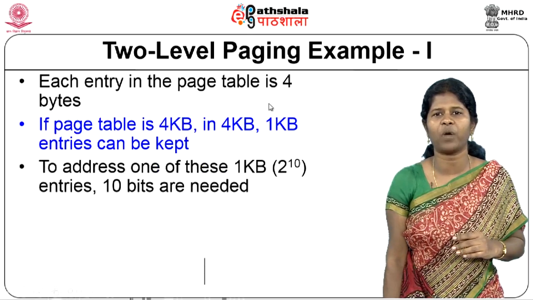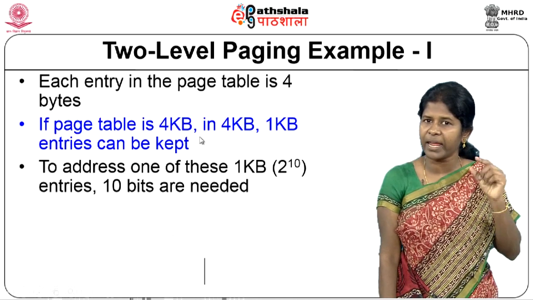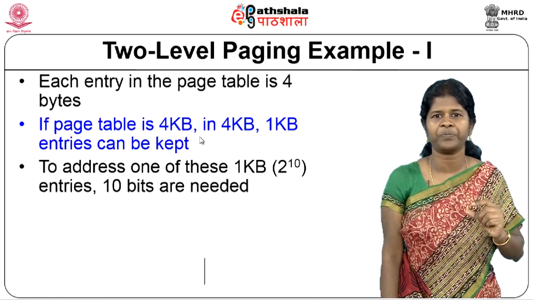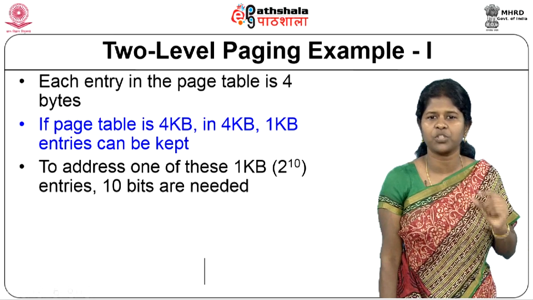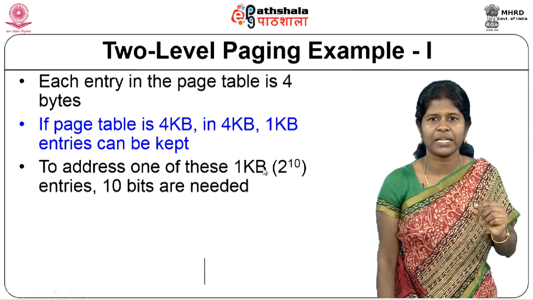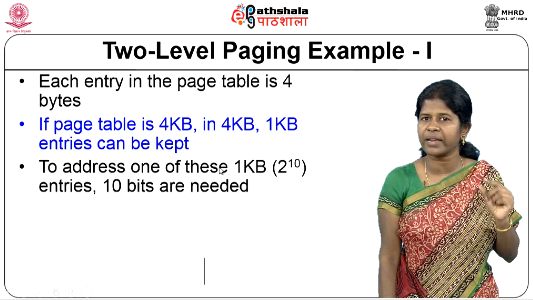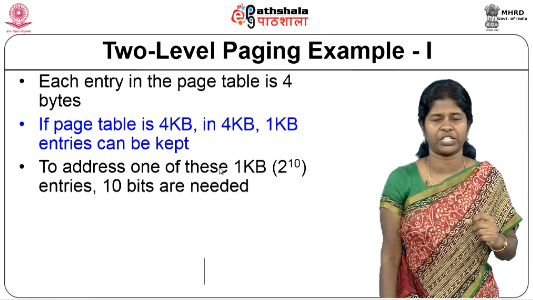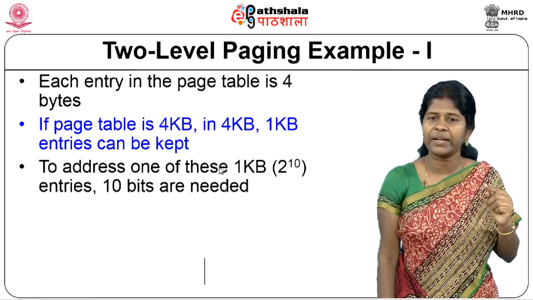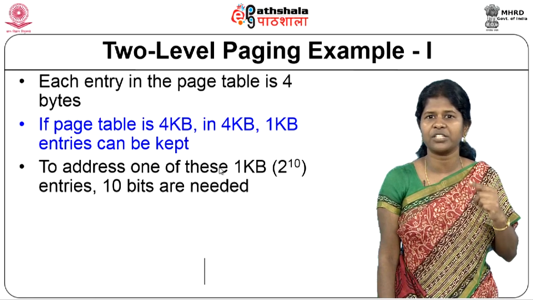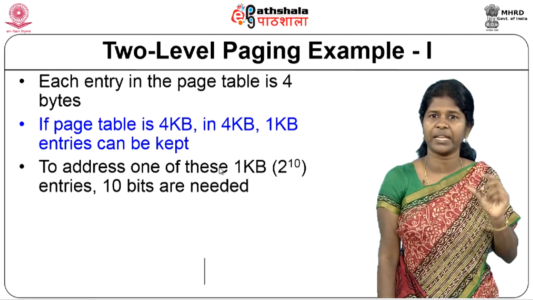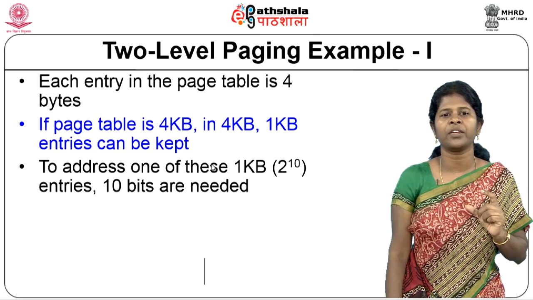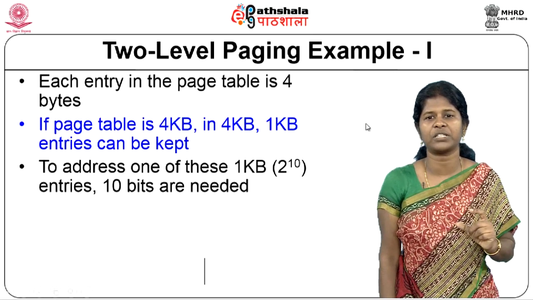So, if you have 1 KB entries in each piece of the page table, 1 KB is nothing but 2 power 10, which means that you have 2 power 10 entries in each piece of the page table. Now, to address one of these 2 power 10 entries, you need 10 bits, because it is 2 power 10.